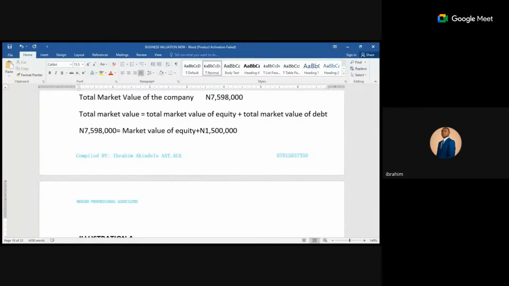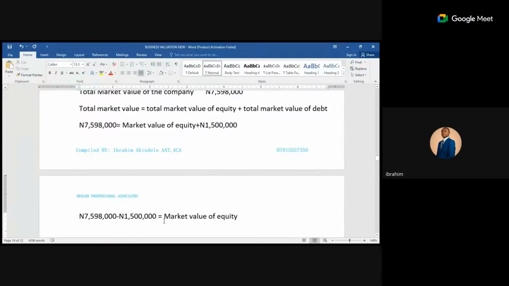Let me do it this way so that it will not look somehow. So therefore, what is the difference? 6,098,000. 098, then 3 zeros. So this is the maximum price.